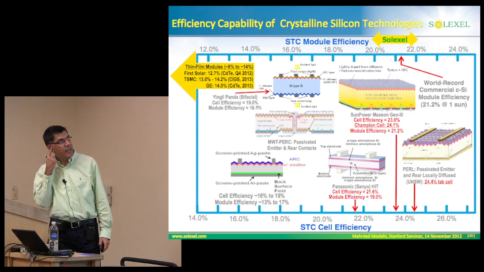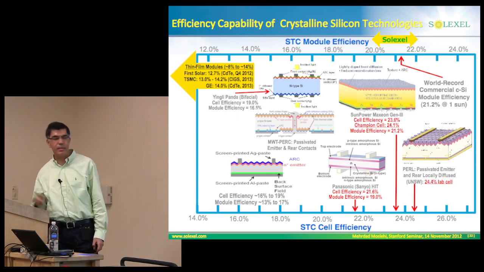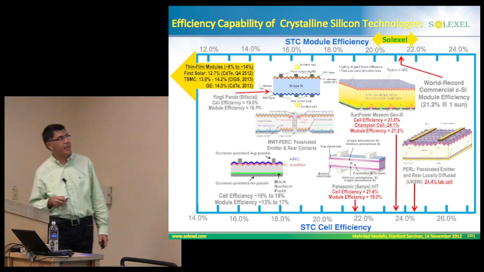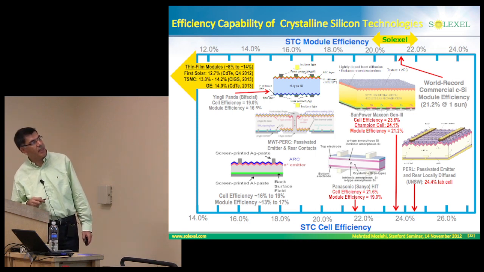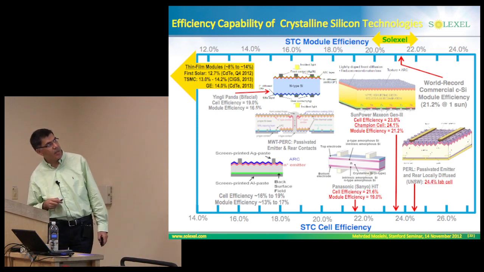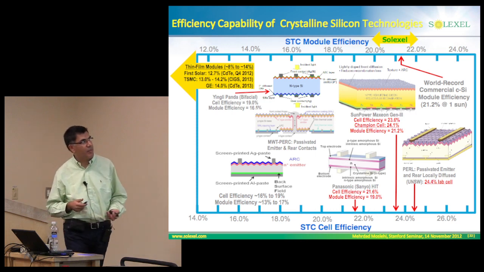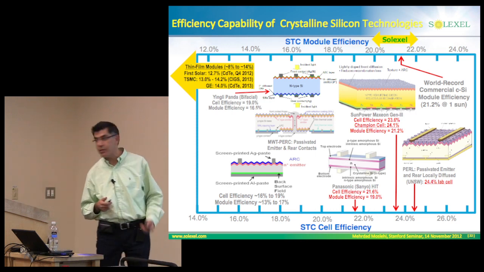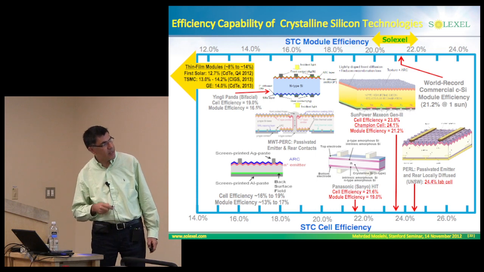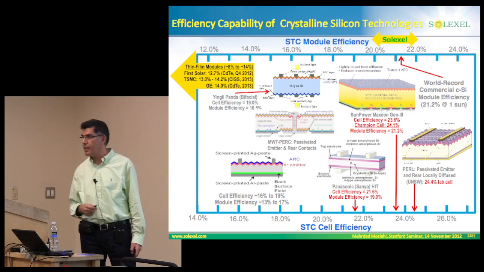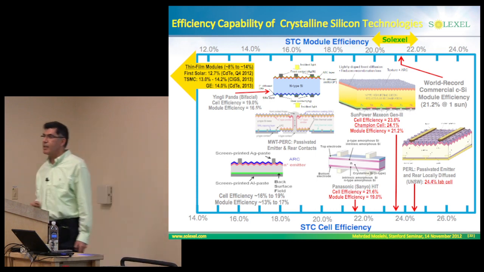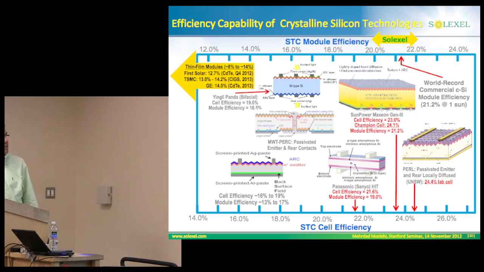So actually here I have summarized the PV performance landscape. If you look at the thin film technologies today and the projections over the next couple of years, it's really up to 13 or 14%. This is actually where crystalline silicon starts. The efficiency of low-end crystalline silicon modules starts here.